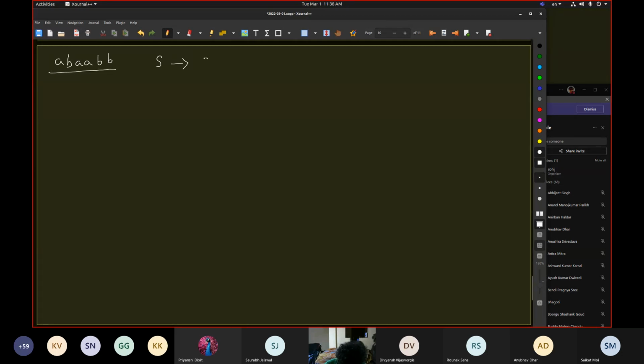So let us do this first. The first S will generate this, the second S will generate this. So it's a leftmost derivation. So this S is processed first. Now I apply the rule ASB. You replace this S by this. Then you apply the rule S can be epsilon. AB, S. Then I have to somehow parse this AABB.